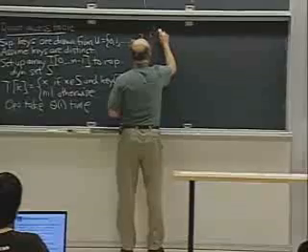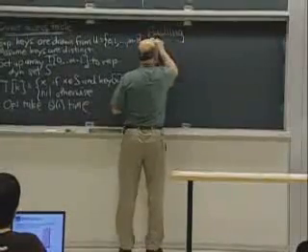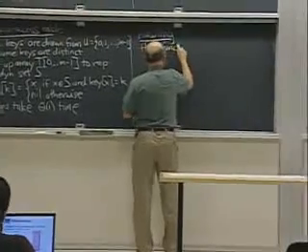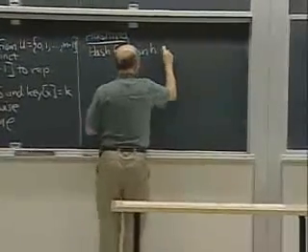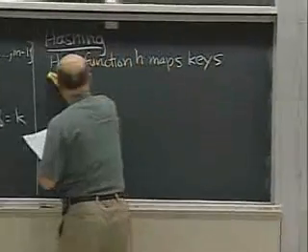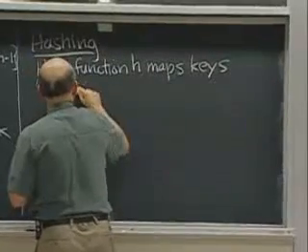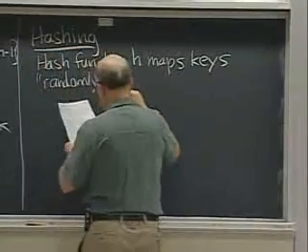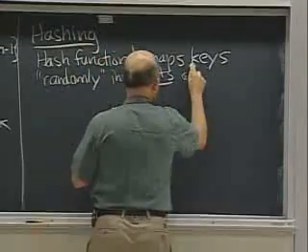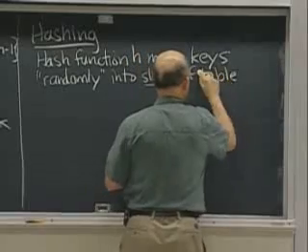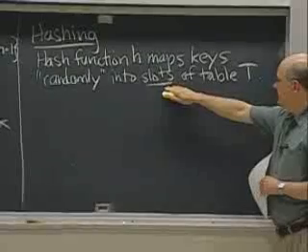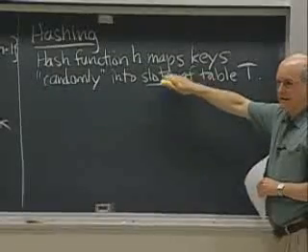So hashing is where we use a hash function h, which maps the keys randomly, and I'm putting that in quotes because it's not quite at random, into slots of table T. We call each of the array indexes here a slot.